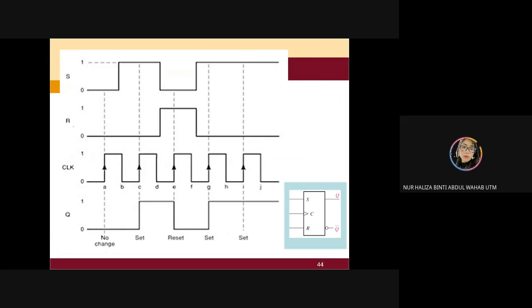We have SR clock. What I ask you to do first is to draw a dotted line at every single change on your input. So here I do it for my S first. And then, if you already understand which part you need to draw the dotted line, you can go directly to the positive clock.